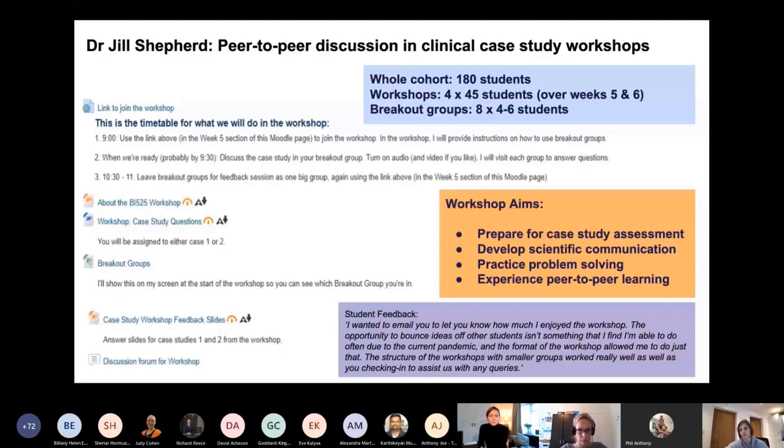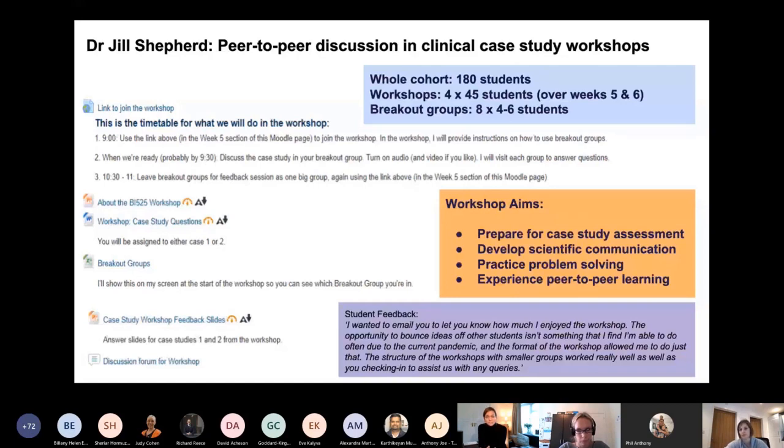I was going to pop through the slide bit by bit, but it's not that easy when there are two of us running the show. So if we could just start by looking at the orange box where it says workshop aims. The aim of this whole exercise is to prepare the students for a case study assessment that is really similar in structure to the case studies that they look at in the workshop.